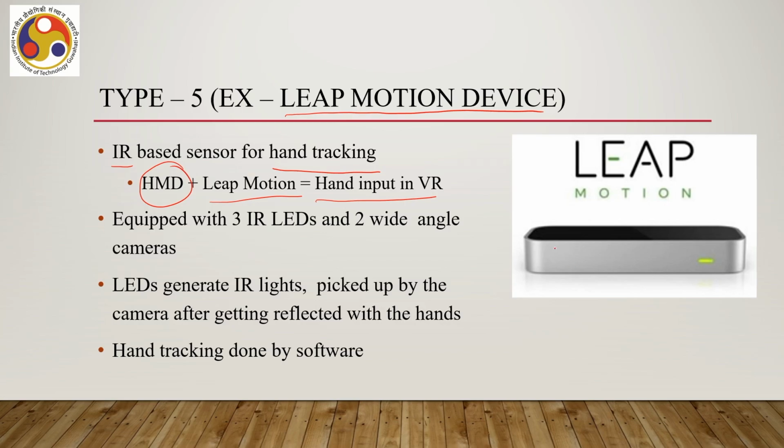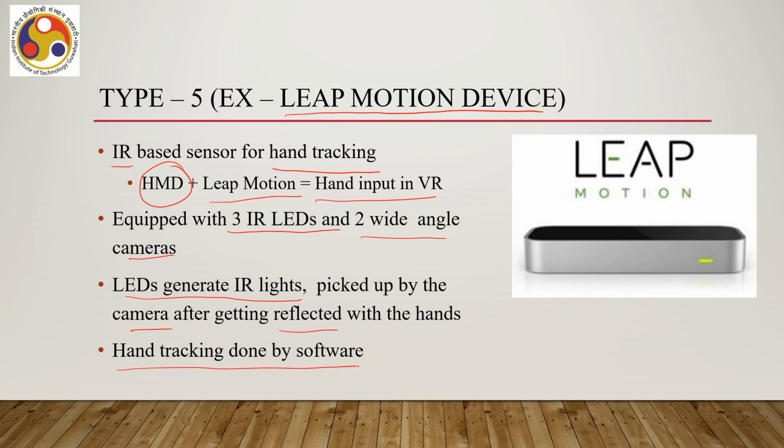Typically the Leap Motion device comes with 3 IR LEDs and 2 wide angle cameras, and the LEDs generate IR lights picked up by the cameras after getting reflected from the hands.